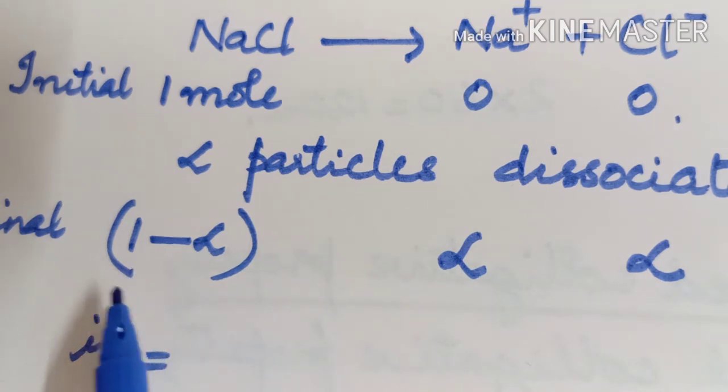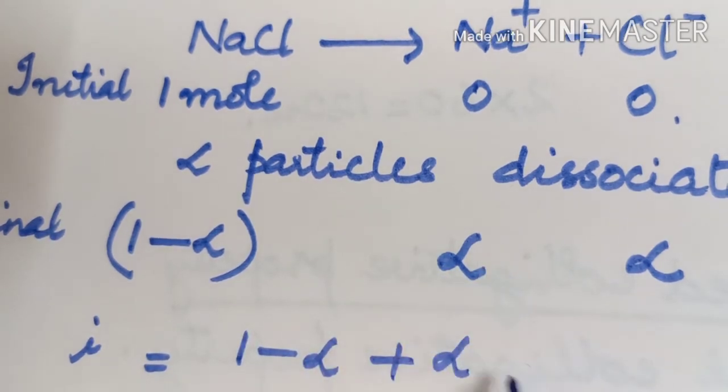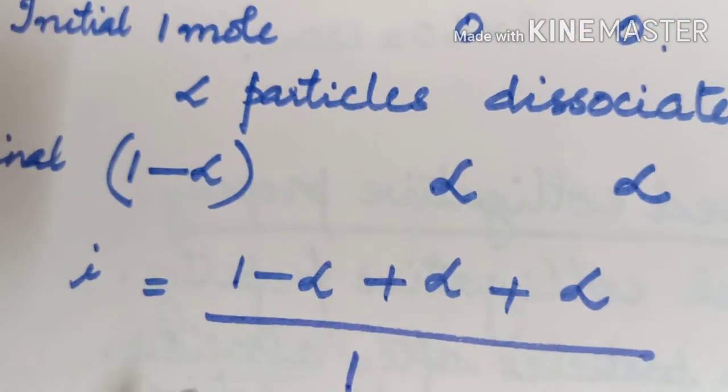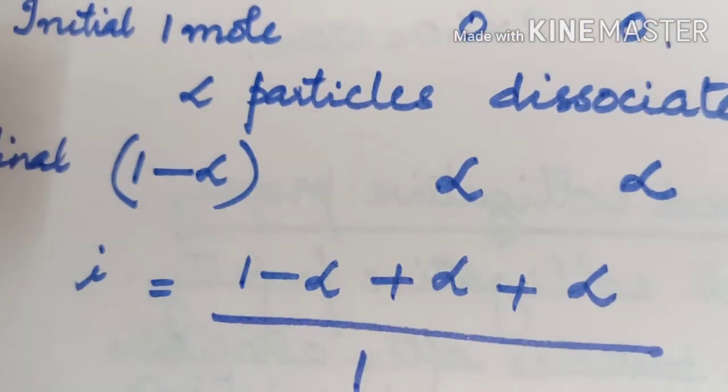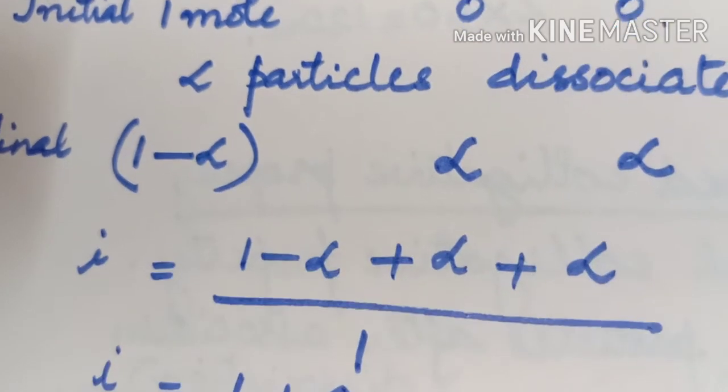So what is the number of particles after dissociation? Here you find that it is 1 minus alpha plus alpha sodium ions plus alpha chloride ions, and initially we had 1 mole of the substance. So then what will be the i value? The i value will be equal to 1 plus alpha, where alpha is the degree of dissociation.